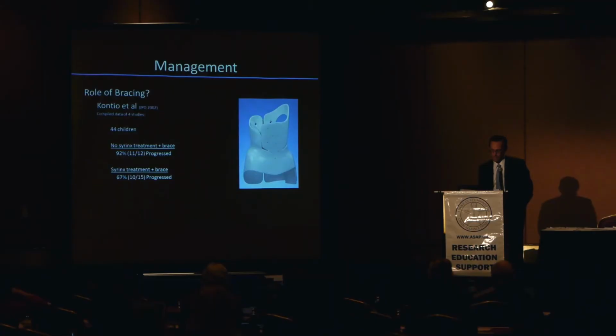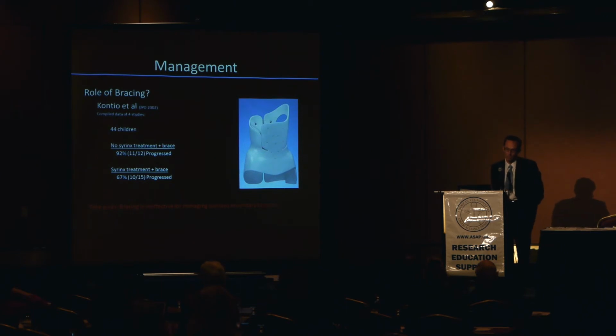In each category, these patients, for the most part, progressed. If you had no syrinx treatment and got a brace, 92% of the time your curve progressed. If you had syrinx treatment and then got a brace, 67% of the time it progressed. So again, the takeaway: bracing seems to be much less effective for managing scoliosis secondary to syrinx than it would be for idiopathic curves.